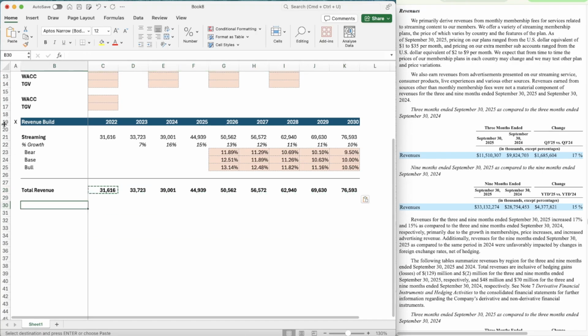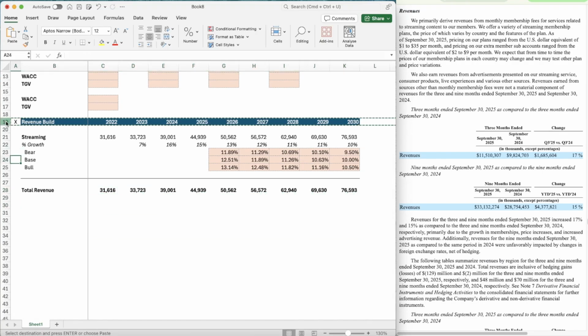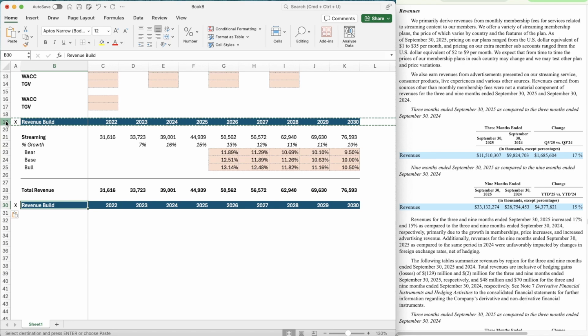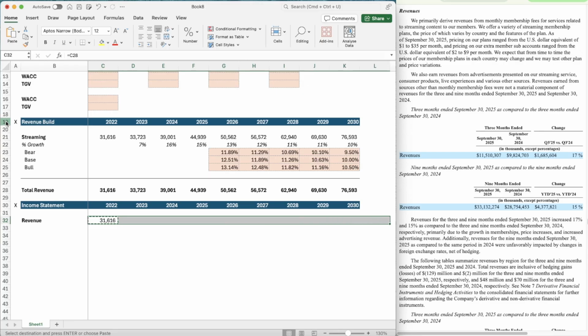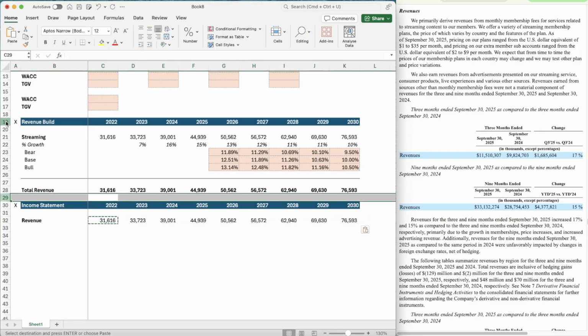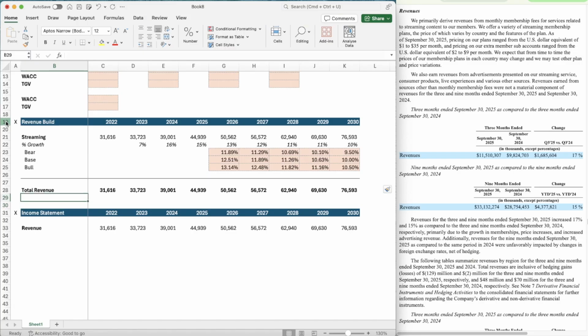Okay. Now the next section is the income statement. The first line is revenue. Just put it equal to this one. Pull it along. Just pop another line under it. We'll do the growth rate.